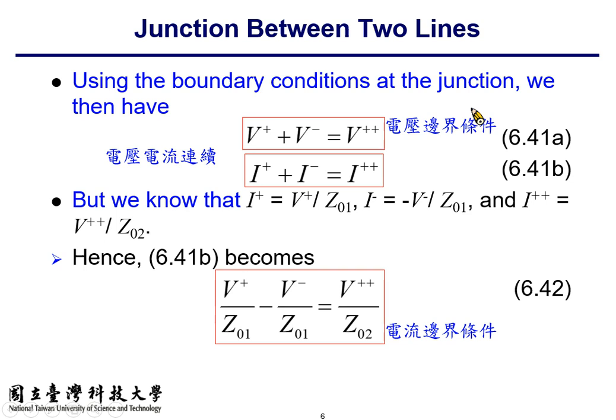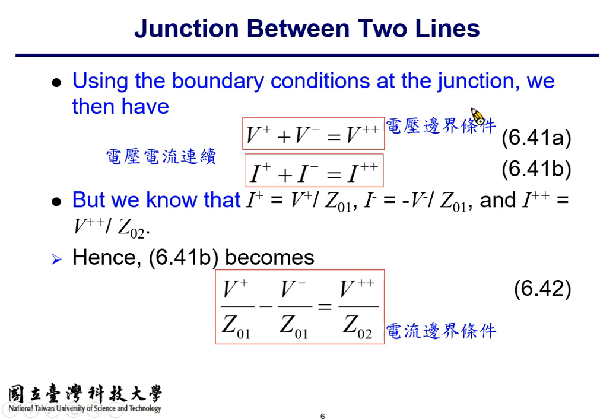So I plus can be replaced with V plus over Z sub 01, and I minus can be replaced with V minus divided by Z sub 01. Note this I plus and I minus are on the left-hand side, so their corresponding characteristic impedance is Z sub 01.